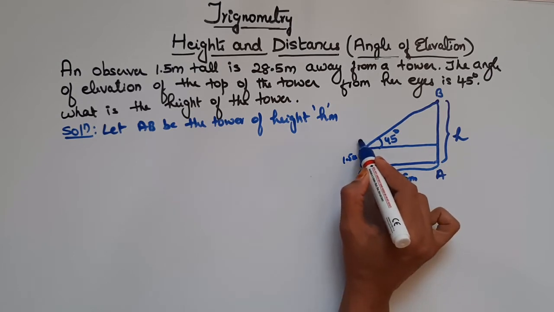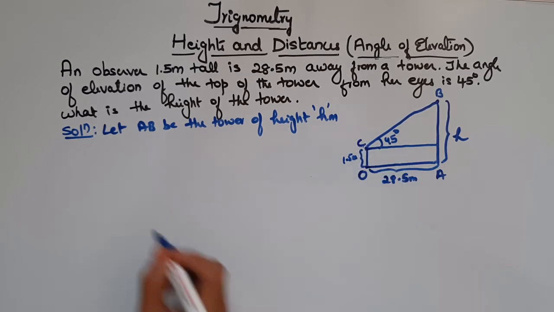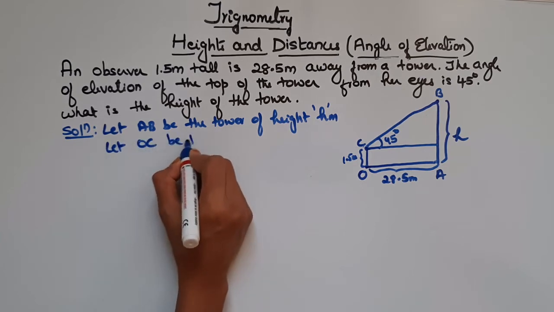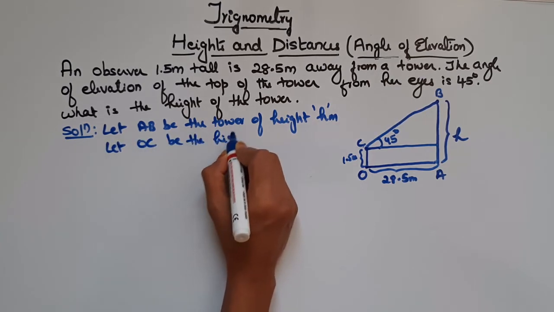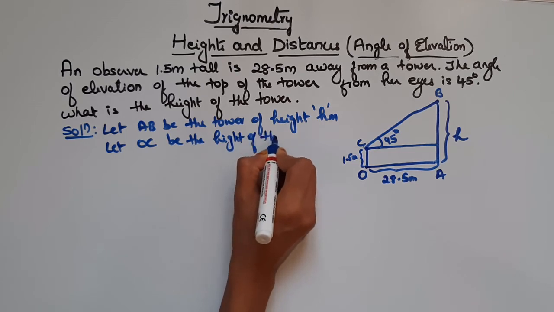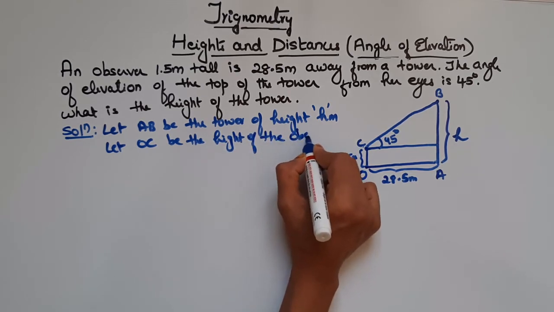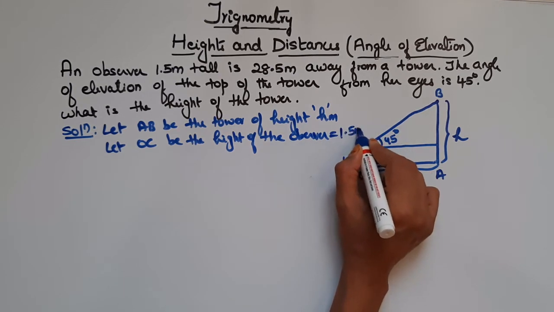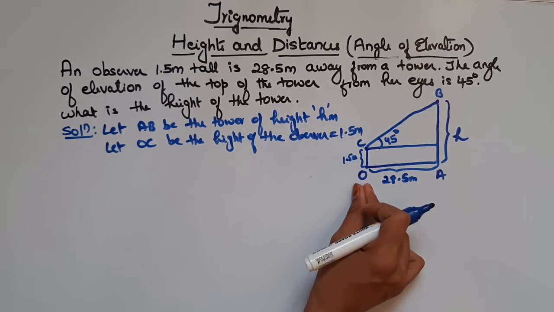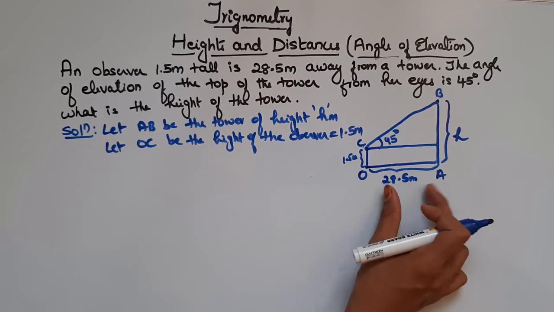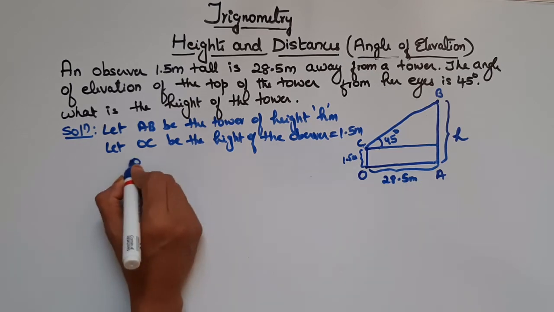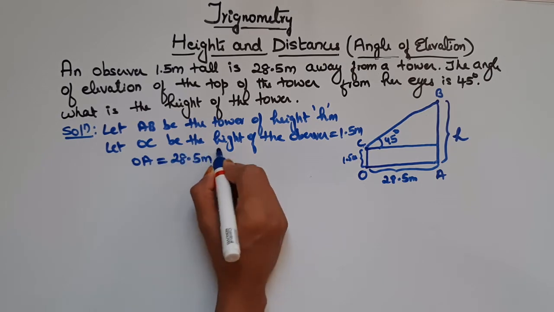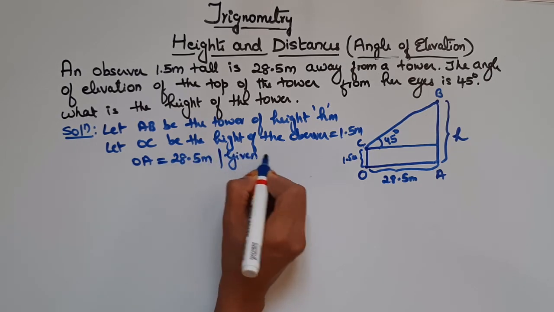Let OC be the height of the observer, which is 1.5 meter, right? So the observer is standing 28.5 meter away from the tower. So OA is 28.5 meter, which is given, right?